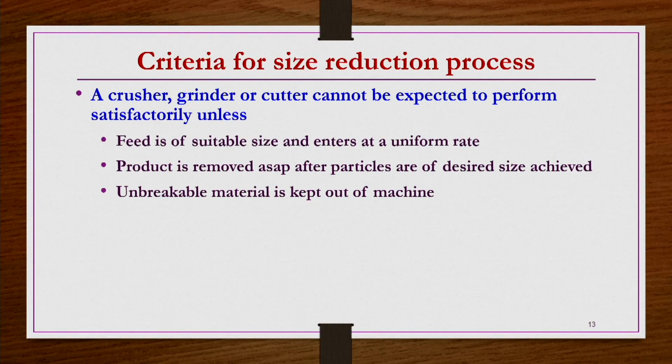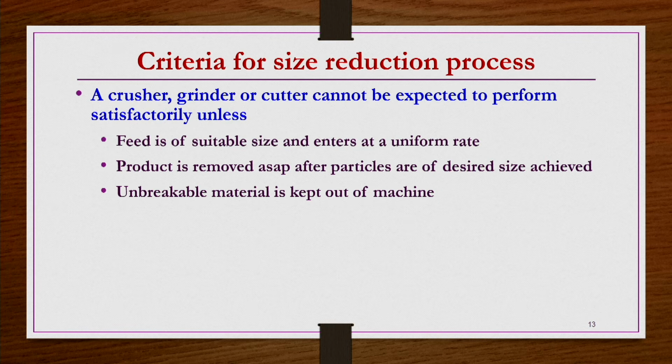Then it is always advisable to keep unbreakable material out of the machine. There are some types of attrition mills we have seen where one of the discs may be spring mounted, to avoid breakage because of unbreakable material being trapped between the discs. But such a provision may not be available for all types of size reduction equipment. So it is always advisable to have a feed which can be broken.